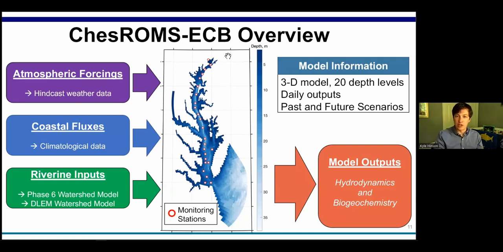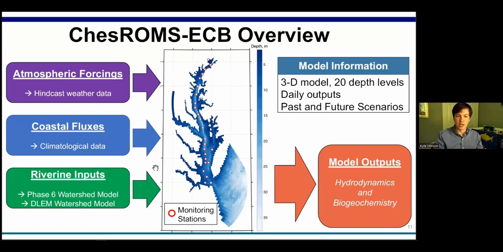And it's been pretty thoroughly evaluated over the last 8 years or so against these monitoring stations, over which there's over a 30-year record. And we have inputs from hindcast weather data, a reanalysis product, coastal fluxes at the ocean boundary, and riverine inputs from these 2 watershed models that I mentioned previously, the regulatory Phase 6 model and the more process-based scientific DLEM watershed model.